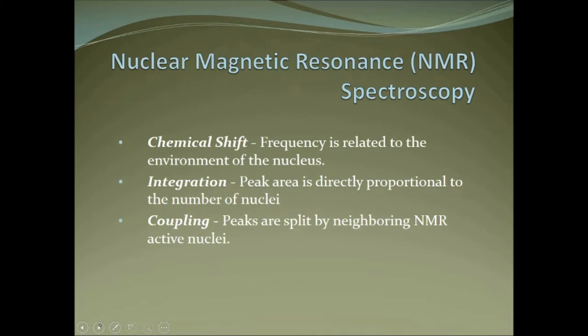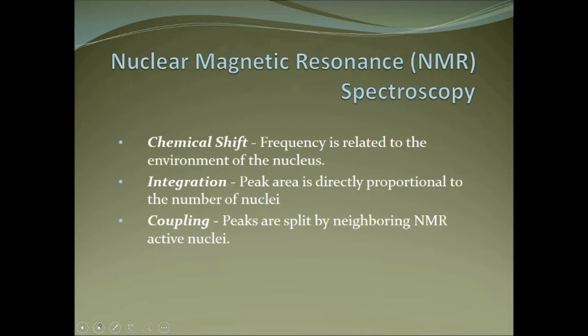Now, for nuclear magnetic resonance spectroscopy, or NMR, there are three things that we look at. One is chemical shift. This is a modified frequency, but it is related to the environment of the nucleus. We look at integration.